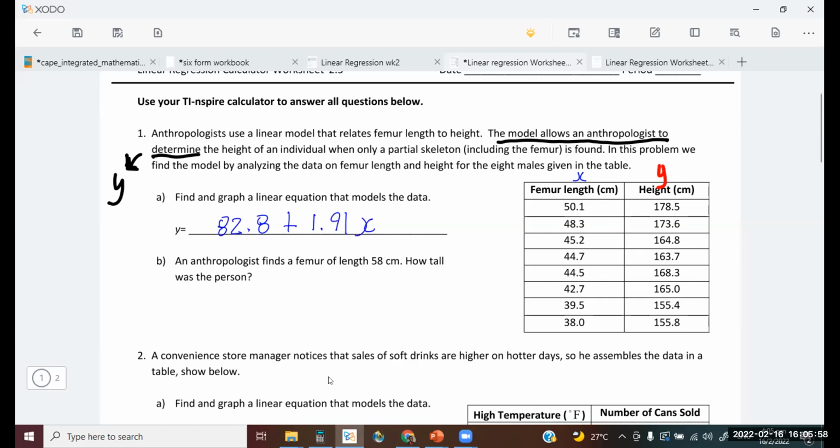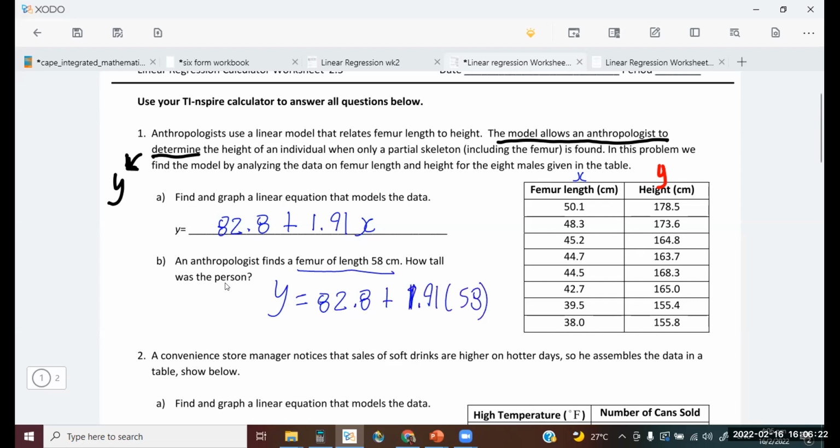In the next case, it says an anthropologist wants to find the height of a person from a femur of length 58 centimeters. How tall was the person? If the femur x is 58, y is just going to be 82.8 plus 1.91 times 58.